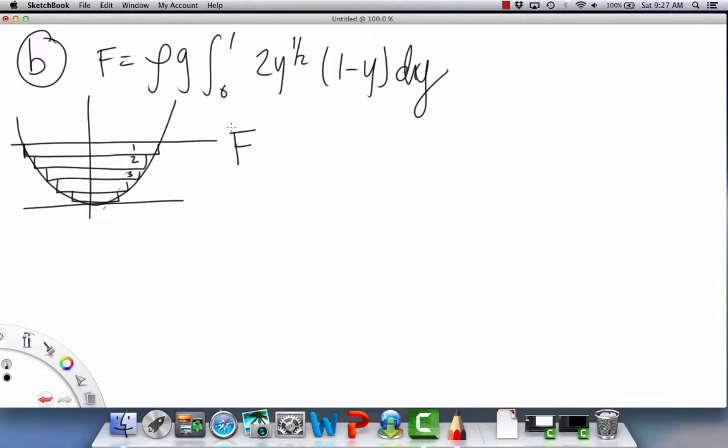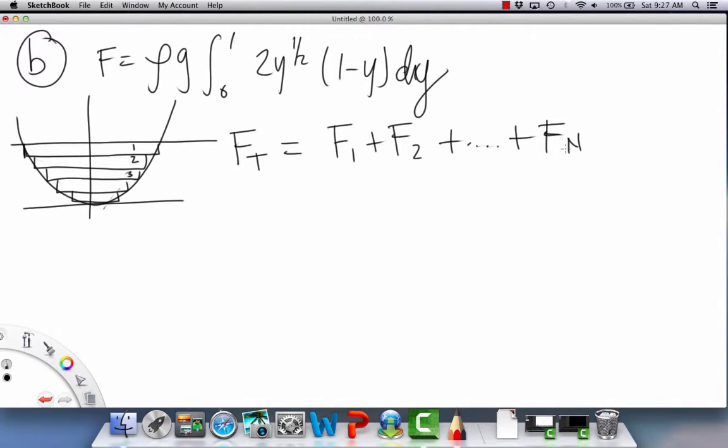So our total fluid force is going to equal the force felt by the first rectangle, plus the force felt by the second one, and so on, until you get to Fn, however many rectangles you have.